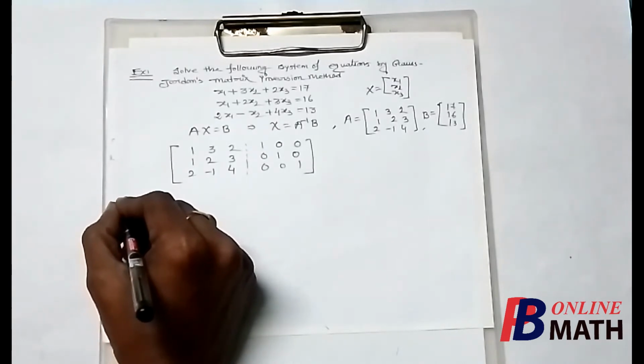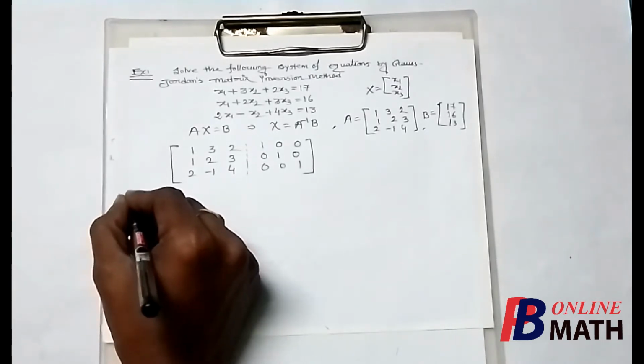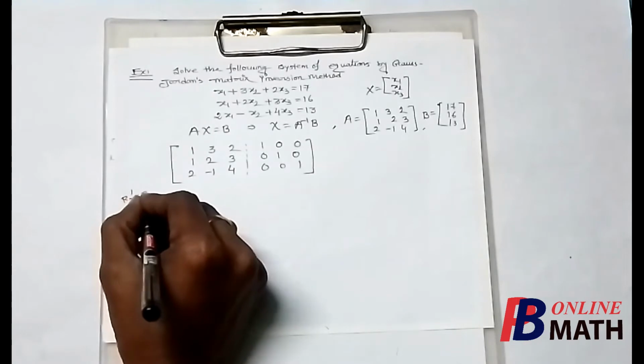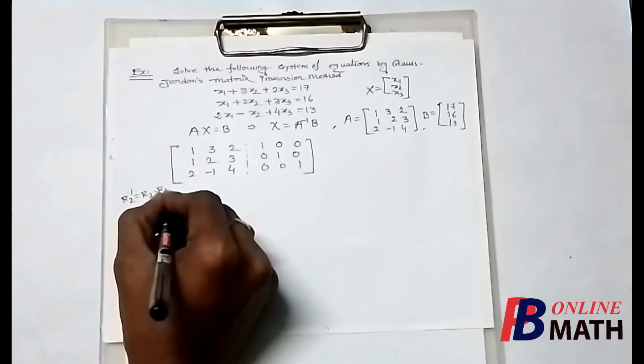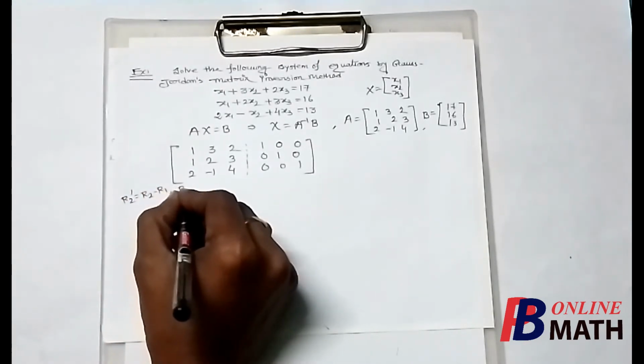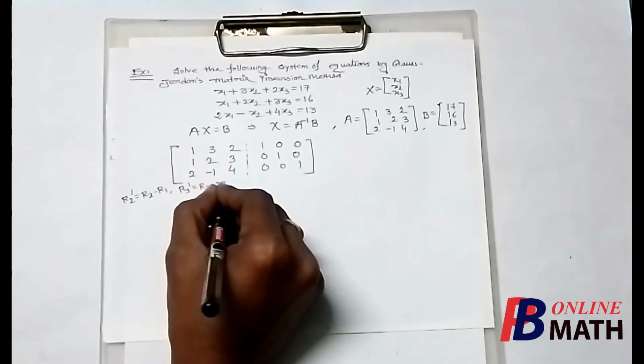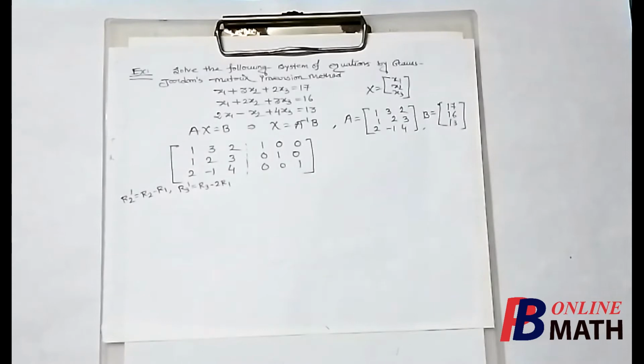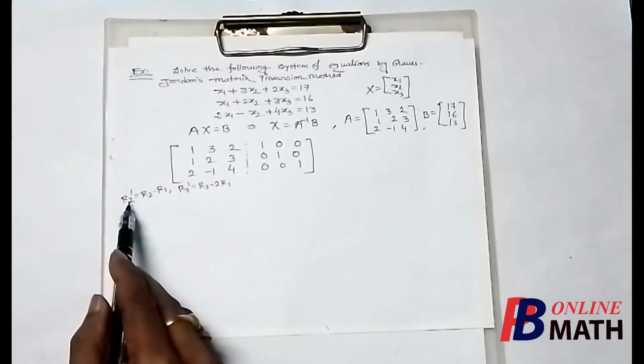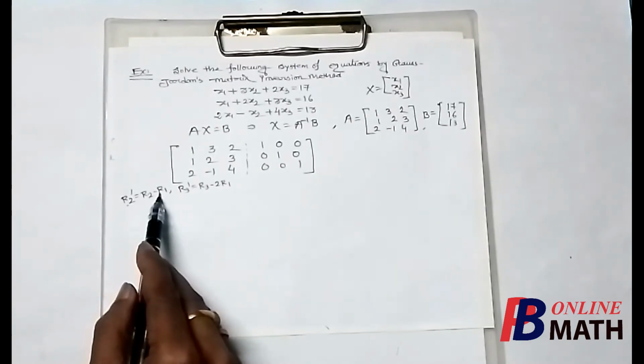First we consider R2 dash equal to R2 minus R1 and R3 dash equal to R3 minus 2R1. So if we apply these two row operations, R2 dash, that means the new second row, is equal to R2 minus R1.